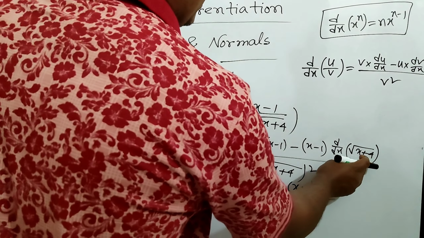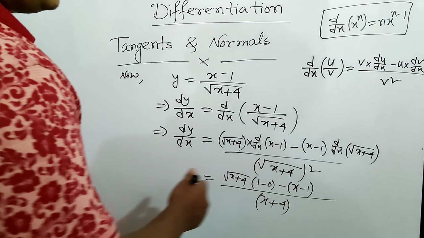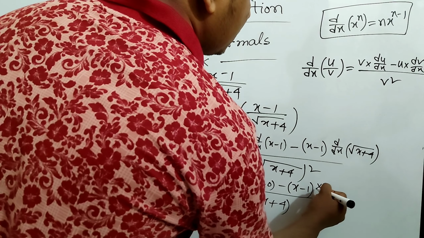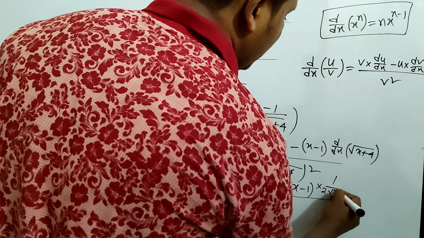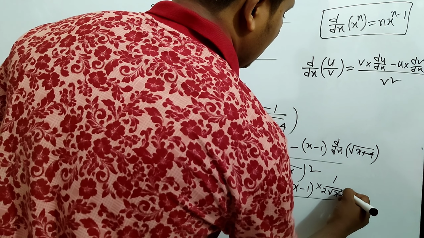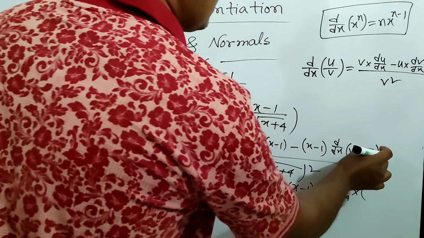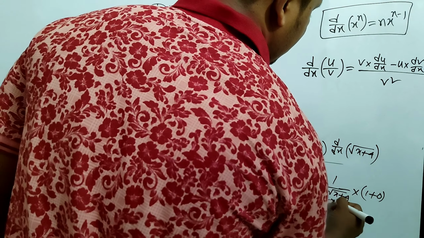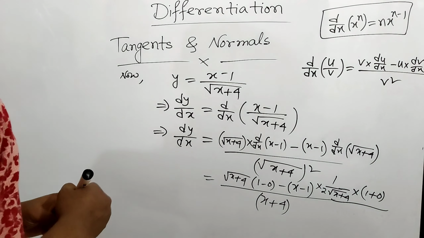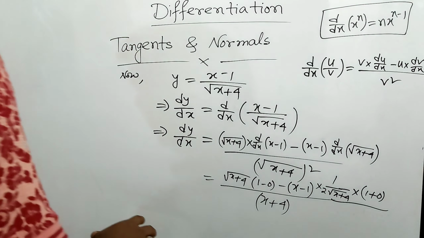The formula for root x is 1 over 2 root x, and if you differentiate the inside value again, it should be 1 plus 0. Now we need to do the calculation of this part.